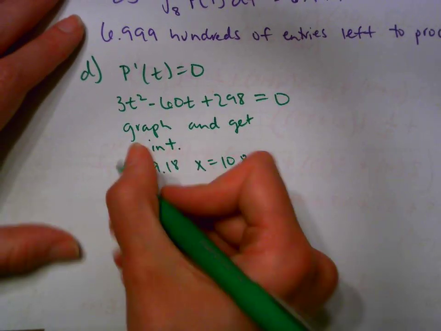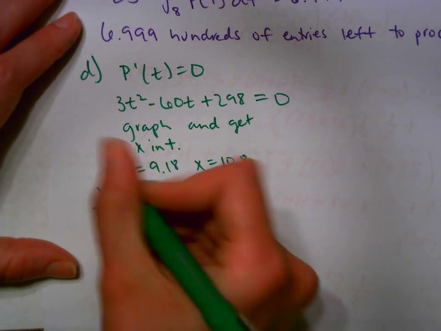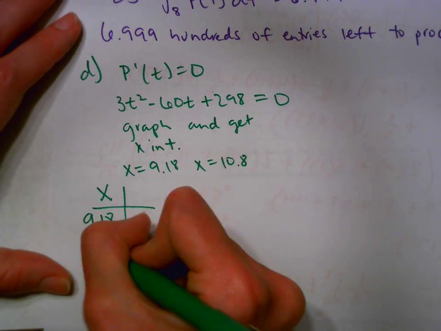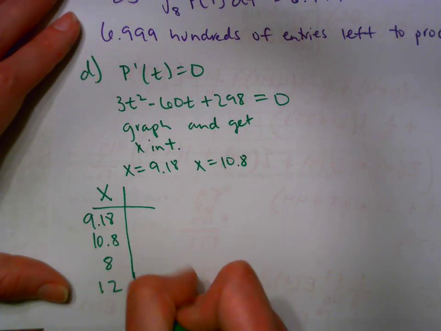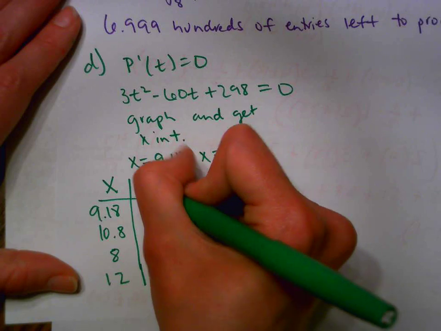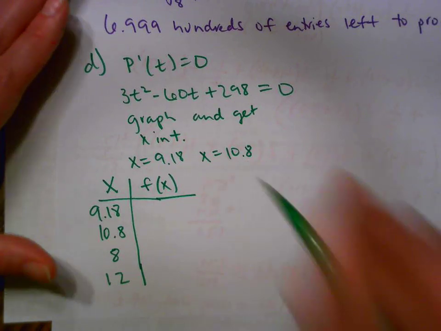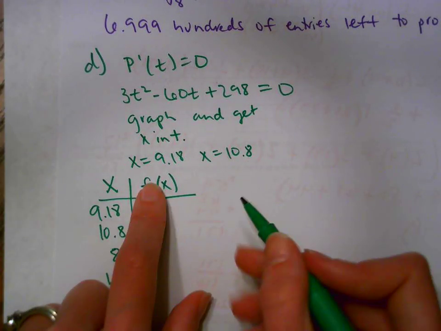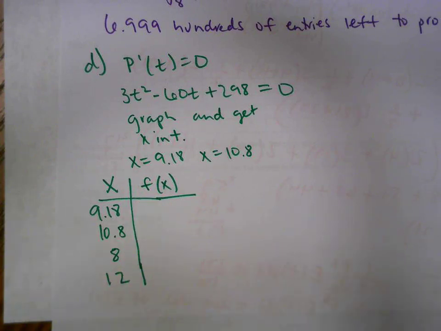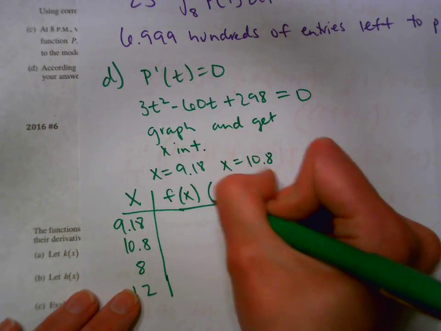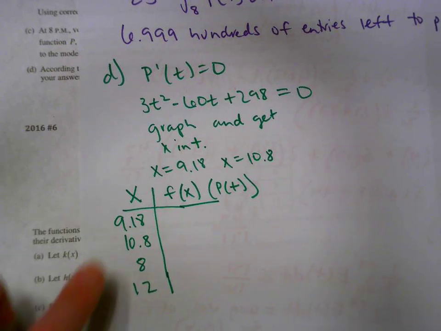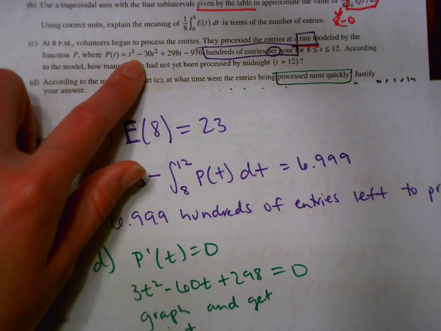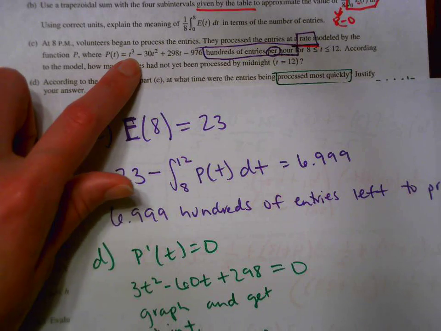So to know an absolute max, you're going to take your critical numbers, and you're going to take your endpoints, which our interval goes from 8 to 12, and you're going to plug them into the original. So our original, I shouldn't have even written f of x. What are we finding the absolute max of? P of t. So our original is P of t. And you just use your calculator and you're going to plug them into this cubic polynomial.